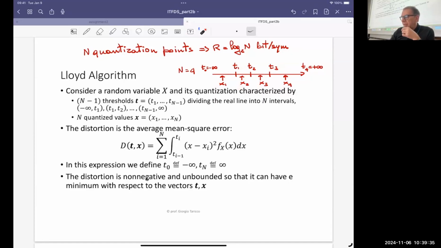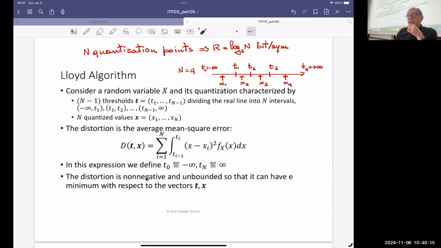So if x is between t1 and t2, we represent x by x2. In this way, the distortion is a function that depends on the vector of thresholds t and on the vector of quantization points x, and it's the sum of n integrals. We write it as the sum of n integrals because we need to specify which quantization point we are going to use.